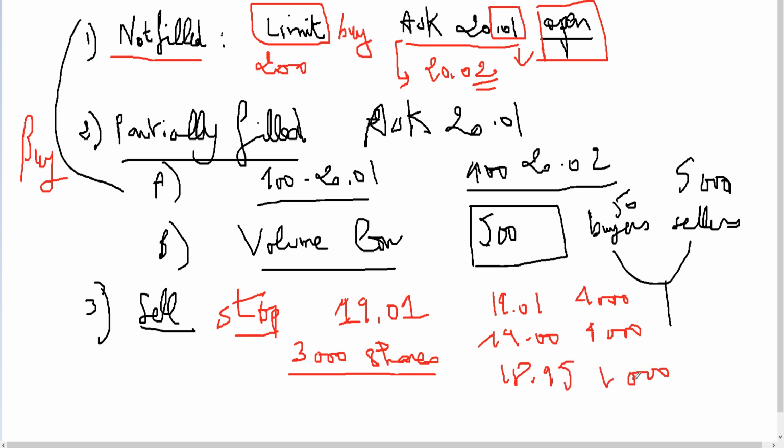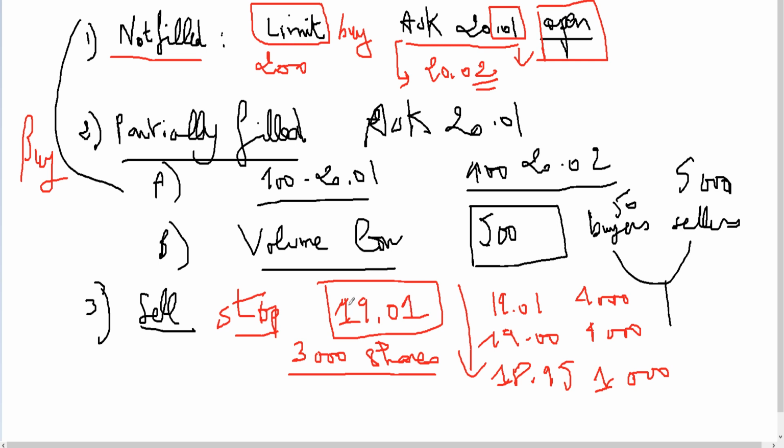So why do you get a lot of prices? You want the best. You want it to reach 1901 and you sell. But you get 1901, 1900, and 1895. This is because there is pressure in the market, and the stock is going down so fast.